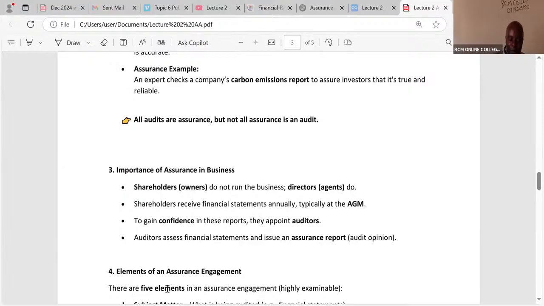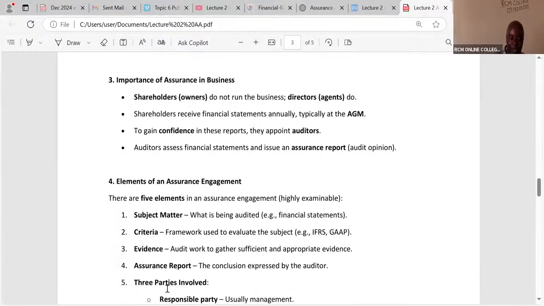An assurance engagement has 5 elements, which are these. There must be the subject matter. What is being audited? In this case, the subject matter for which we are going to audit that company is the financial statements. There must be the subject matter.